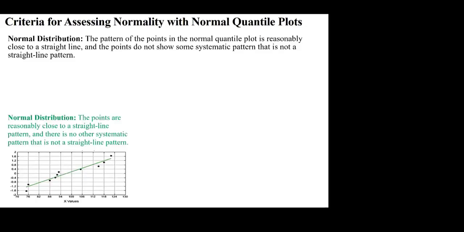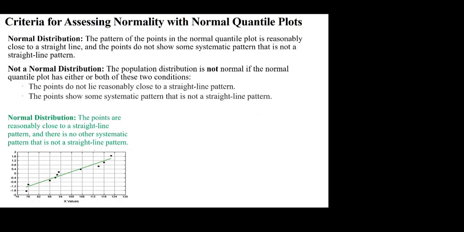If we want to look at normality, we use the normal quantile plot. Here's what we do. Could somebody read this one for us, please? Normal distribution: the pattern of the points in the normal quantile plot is reasonably close to a straight line, and the points do not show some systematic pattern that is not a straight line pattern. So the idea is that there seems to be a straight line if we set them up.